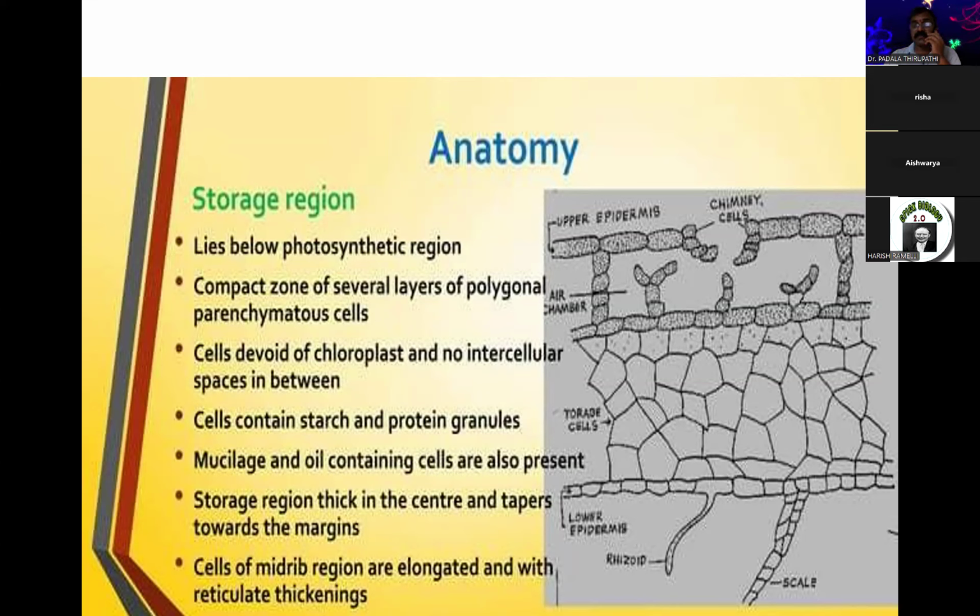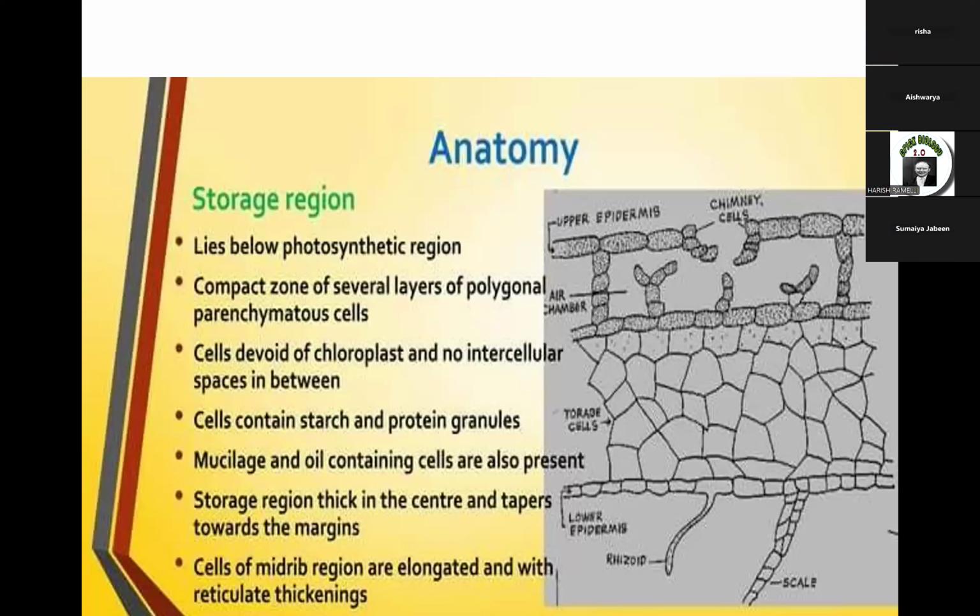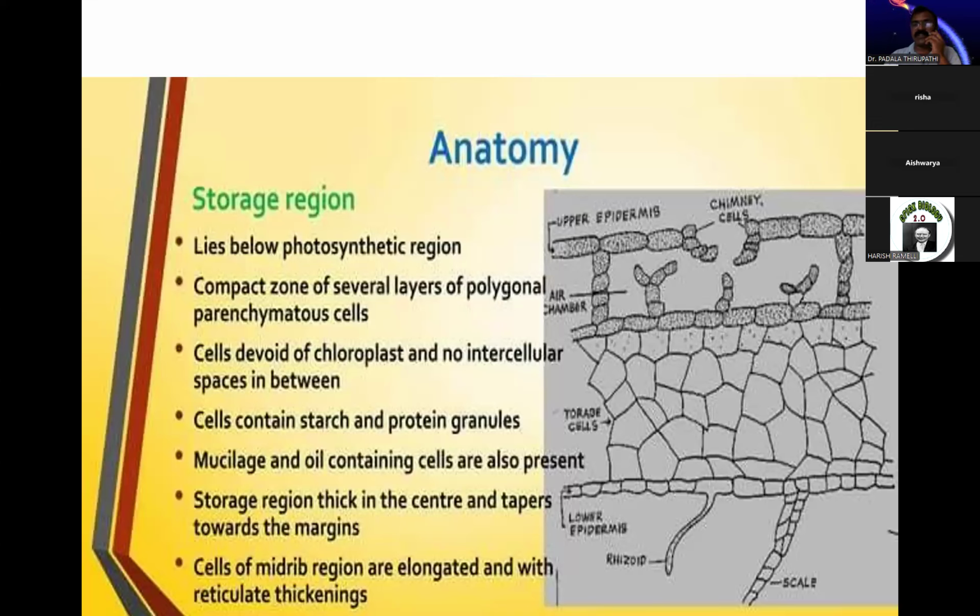Coming to the storage region, it lies below the photosynthetic region, a compact zone of several layers of polygonal parenchyma cells. In all this lower side storage region, you're seeing so many polygonal cells. Polygonal means many angles are present, they are not round, and there is no intercellular space.